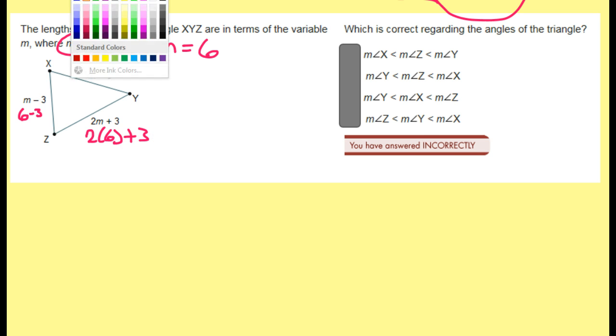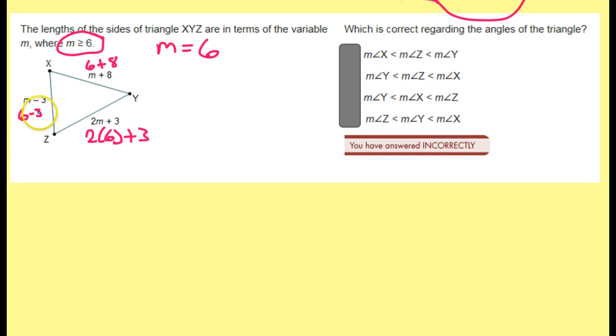So 6 minus 3 is 3. 6 plus 8 is 14. 2 times 6 is 12, plus 3 is 15. So this would be 15.